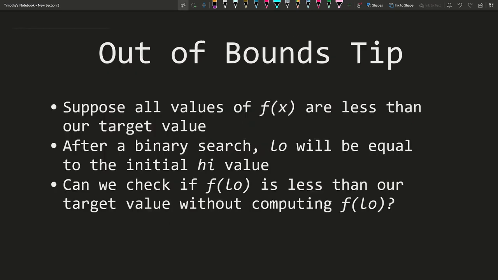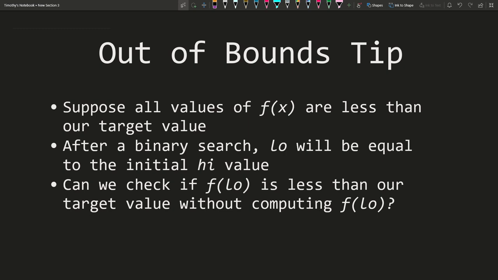Okay, so now that we've seen upper bound and lower bound, let's also look at some out of bounds tips. So suppose all your values of f of x are less than our target value. So for example, if our target was 20 and all the values in our function were 1. Well, after a binary search, low will be equal to our initial high value.